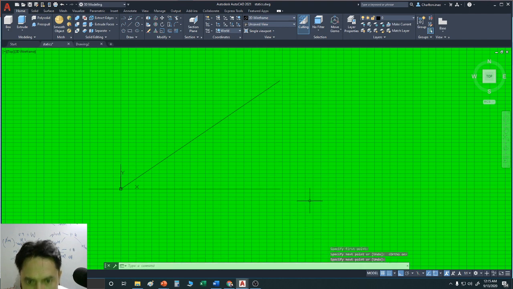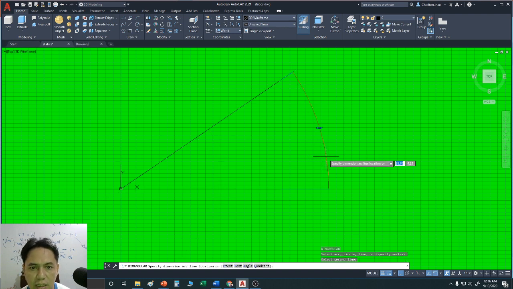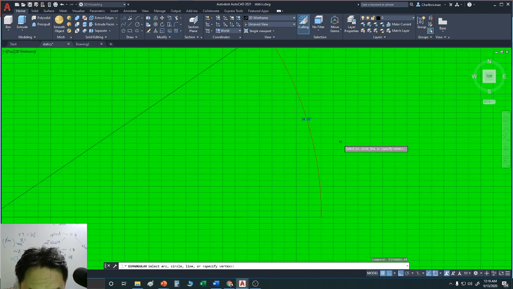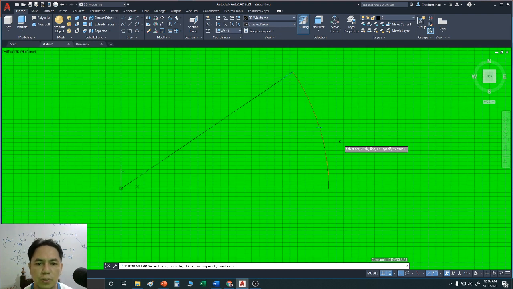First, we have to measure if the angle is really 34.1. Here are the two lines. Did you see the angle? 34.2. Oh my God, 34.2.